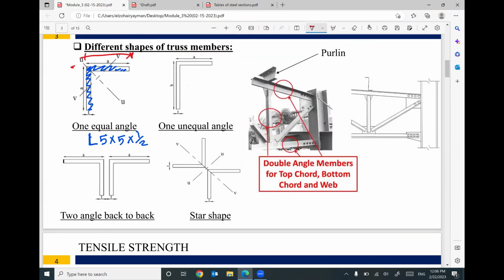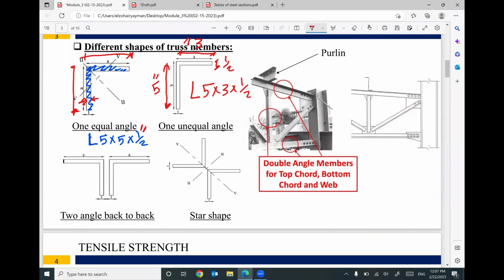This length equals 5, this length equals 5, and the thickness of this leg equals 1/2 inch. Or an unequal angle. We don't recommend this, but anyway, you will find something like this. L means angle, 5 by 3 by 1/2, for example. That means you have a longer leg with 5-inch length, a shorter leg with 3-inch length, and the thickness for both of them will be the same, 1/2 inch.